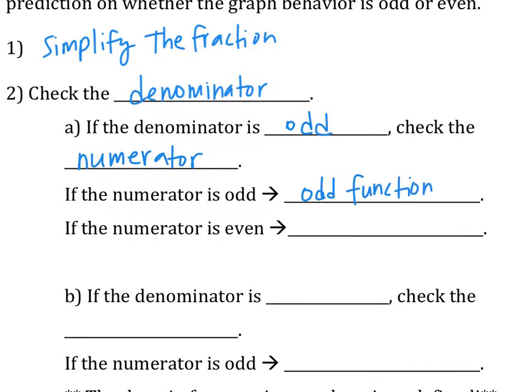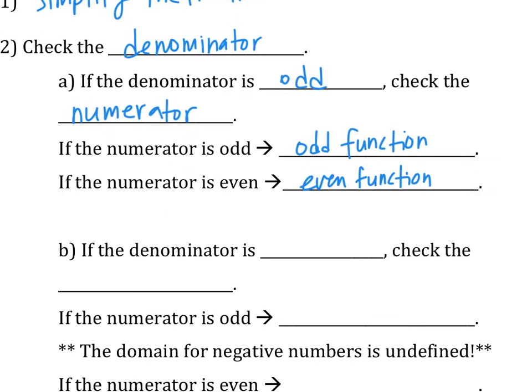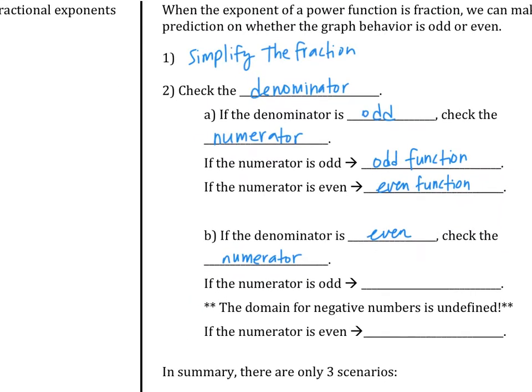If the numerator is even, it's going to be an even function. Okay, second case. If the denominator is even, you still want to check the numerator.